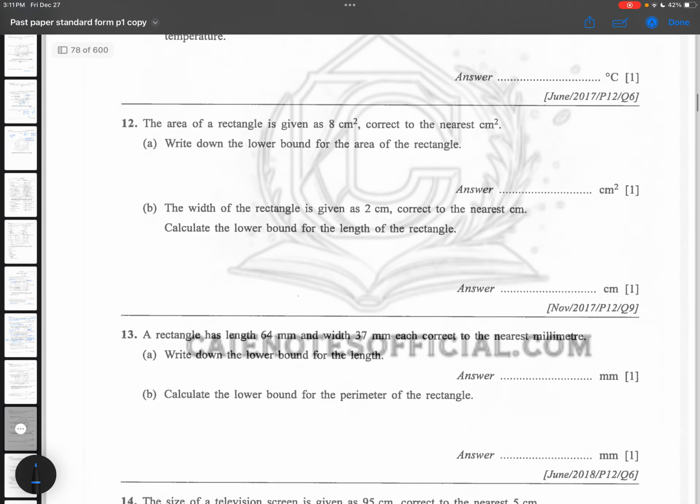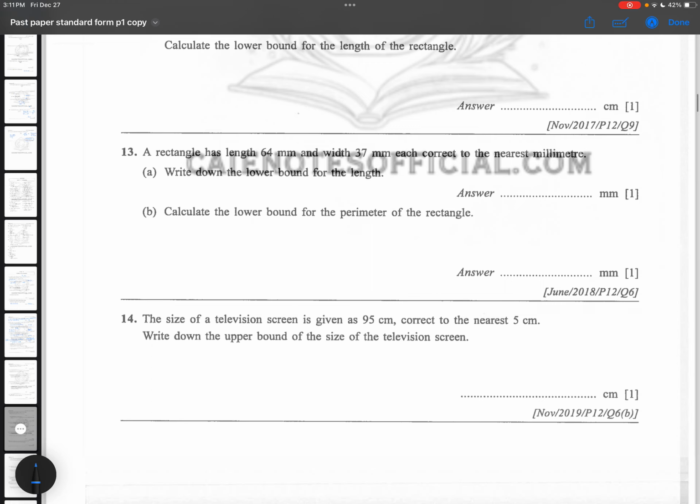We will start from question number 13. It says a rectangle has a length 64 millimeters and width 37 millimeters, each correct to the nearest millimeter. Write down the lower bound for the length. The lower bound for the length will be 64 minus 0.5, which is 63.5. Now the lower bound for the perimeter of the rectangle.